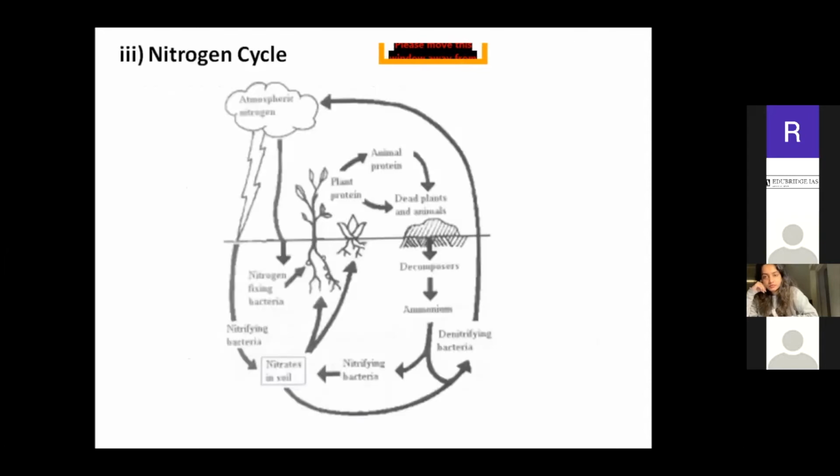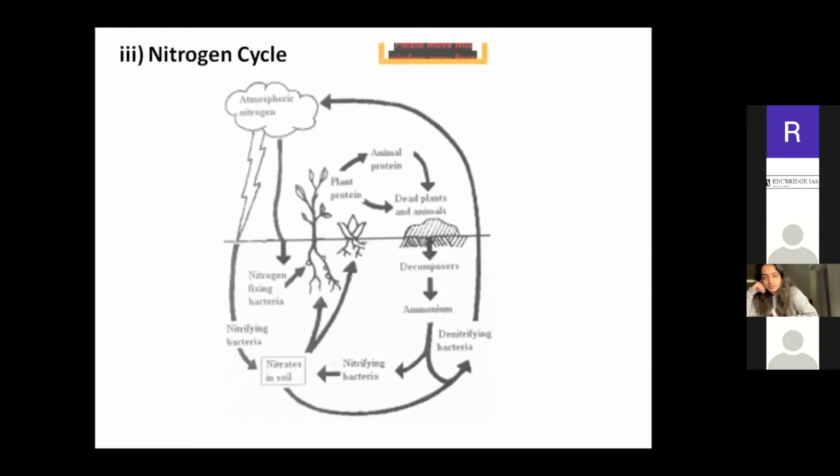Fine. So atmospheric nitrogen is made available to plants through the process of nitrogen fixation, and there are a number of ways through which nitrogen fixation can occur. Naturally, nitrogen fixation can occur through lightning or thunder.